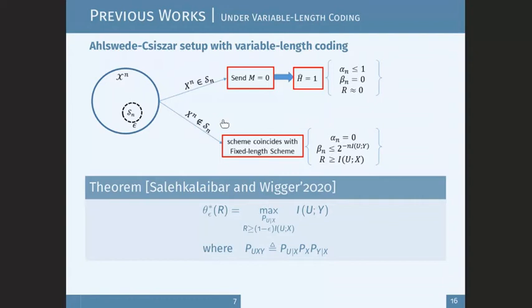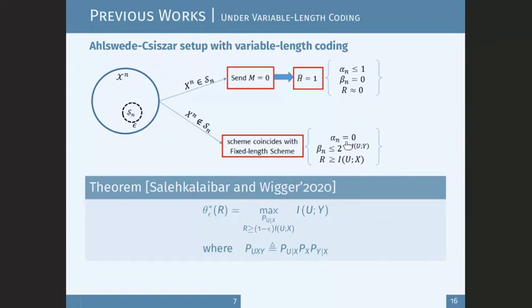However, if we are not in this set that we chose arbitrarily, then the scheme of Salehkalaibar and Wigger just coincides with the fixed length scheme of Ahlswede-Csiszár, and thus we can get a type 1 error equal to 0 by just choosing epsilon equal to 0.